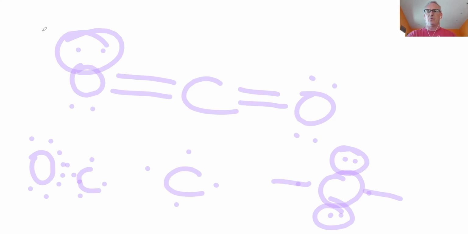But when you have 2 dots together, that means they're paired. They're generally not shared. They're kept by an individual atom. When you have a single dot by itself, that generally means that it is going to get paired with another single dot from another atom. So if we have, let me just clear this out, our 6, so let's put 1, 2, 3, 4, 5, 6, and then 1, 2, 3, 4, and then 1, 2, 3, 4, 5, 6.